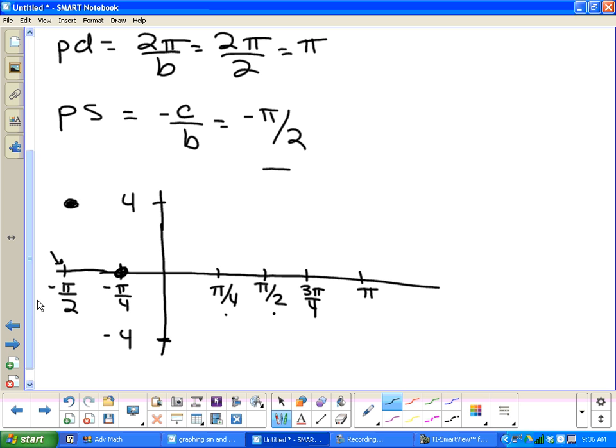On the x-axis, 0. Okay. And then on the y-axis, where is it going to be? Negative 4. Okay. At pi over 4, it's going to be back at 0. Now, have I made a complete cycle yet? I got to do how many more? One more. So at pi over 2, you're going to be back up at 4. All right, so now let's fill in my cosine curve.